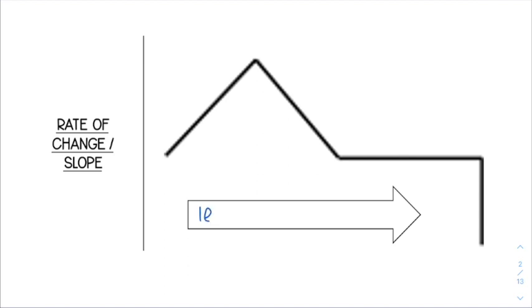So you're going to go left to right in reading the coordinate plane and the graph. So when you have a graph going left to right and you're focusing on this piece right here, this is a positive slope because going from left to right it is increasing.